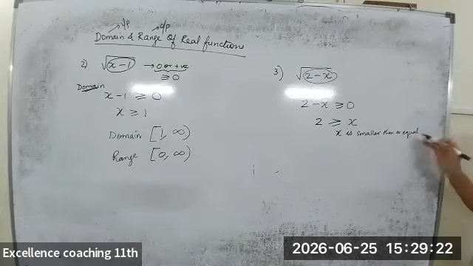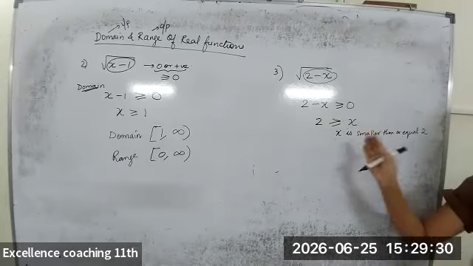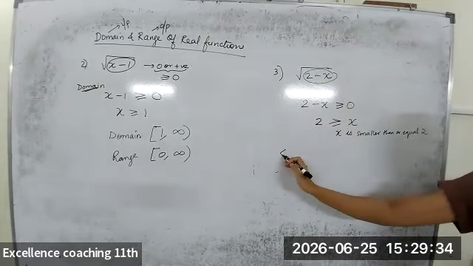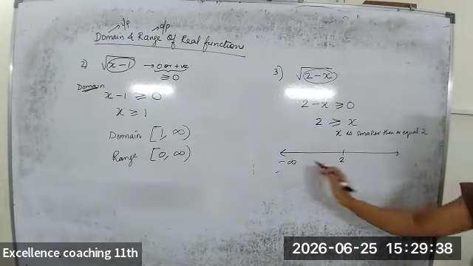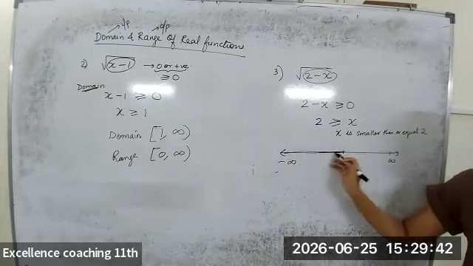Those who find it difficult to read, you can write it this way. Now your numbers should be smaller than or equal to 2. So 2, 1, 0, minus 1, they will be on this side of the number line, all the numbers on this side.